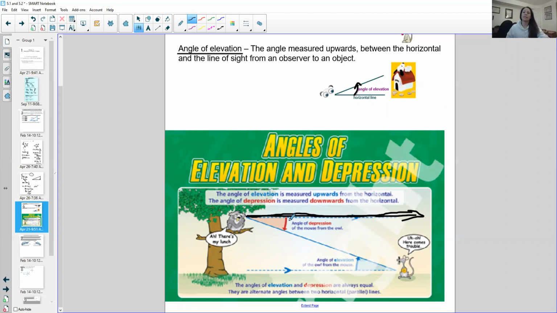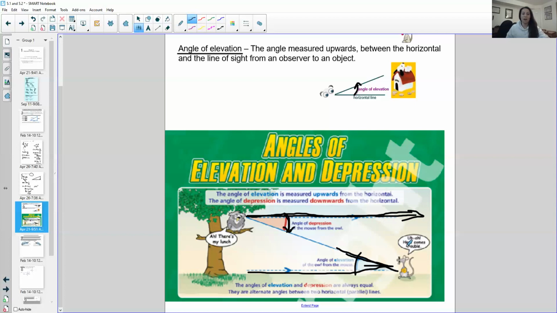If he decides to look down and he's like, woohoo, look, there's lunch, there's a little mouse at the bottom, his view from this horizontal line downwards, that's your angle of depression. Now, this little mouse who's looking up, right here, this is your angle of elevation, because here is your horizontal from his point of view, and then you look up. This is your angle of elevation because his chin or his eyes would be elevating.